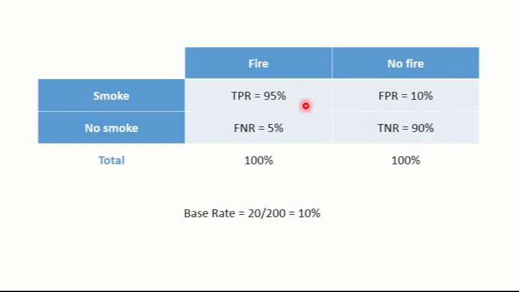Notice, obviously, that the columns must add up to 1. So the false negative rate equals 1 minus the true positive rate, and the true negative rate equals 1 minus the false positive rate. The other thing to notice is that the two error rates are not necessarily equal.